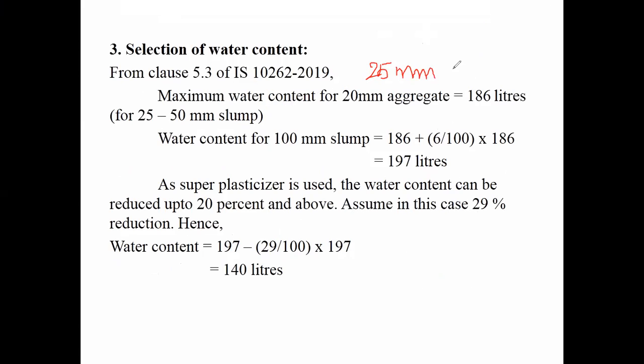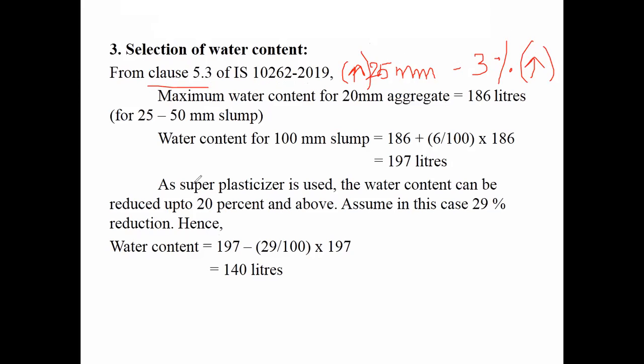For every 25 mm increase in the slump value, you have to increase the water content by 3%. If the slump value is increasing, the water content is also increasing. Write down this point. You can refer to it in clause 5.3 of IS 10262:2019, and this condition is also available in IS 456.